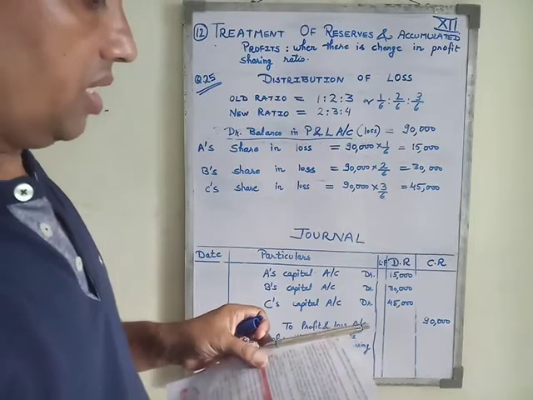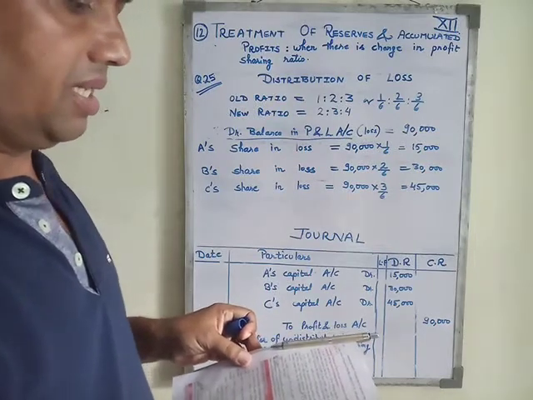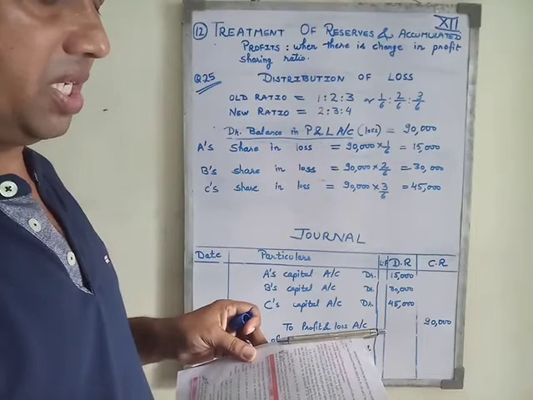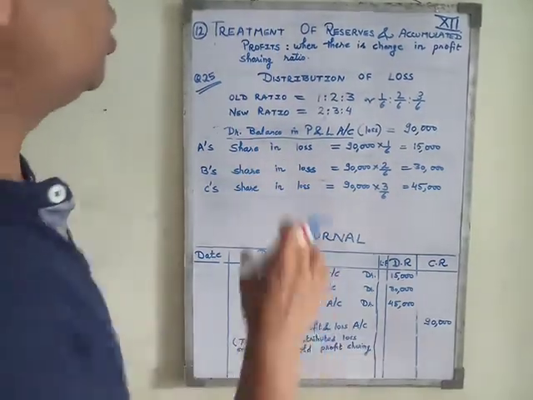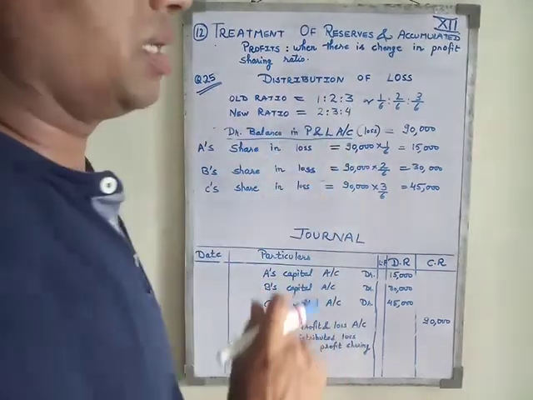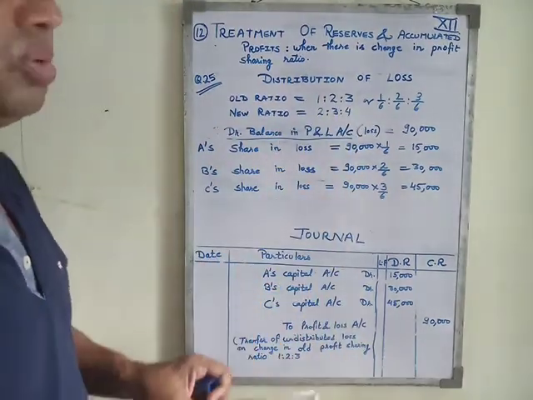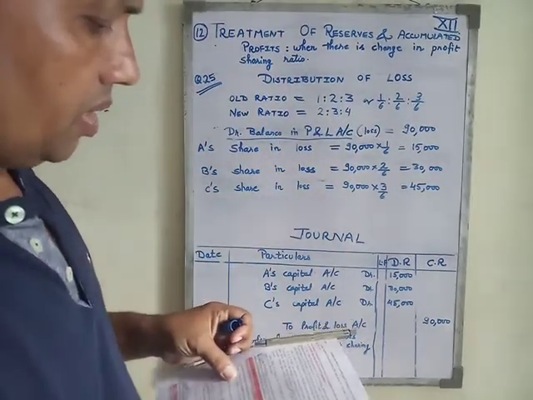From 1st April 2016 they decided to share profits in the ratio 2:3:4. So the new ratio is 2:3:4, but this new ratio is not used in this problem.